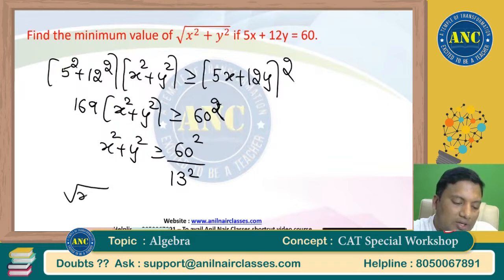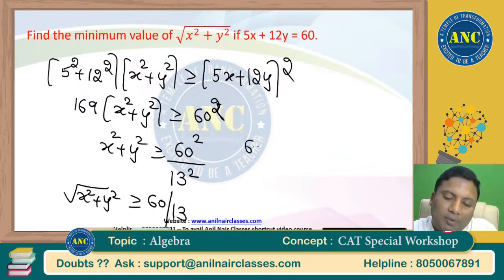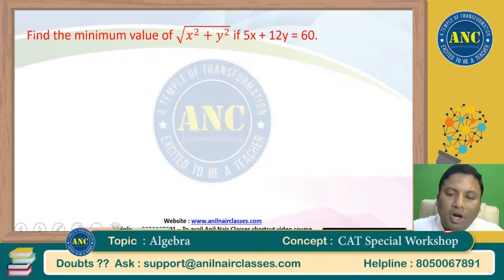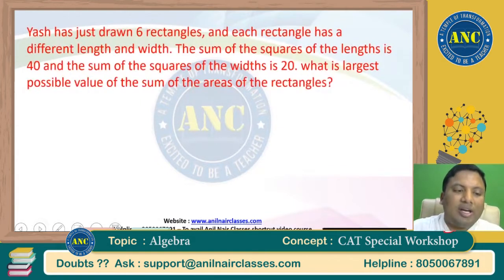So if I apply under root, it is greater than or equivalent to 60 by 13. So what is the minimum value for this expression? Minimum value for this expression is nothing but 60 by 13. I hope the idea is clear. All are based on Cauchy-Schwarz inequality.